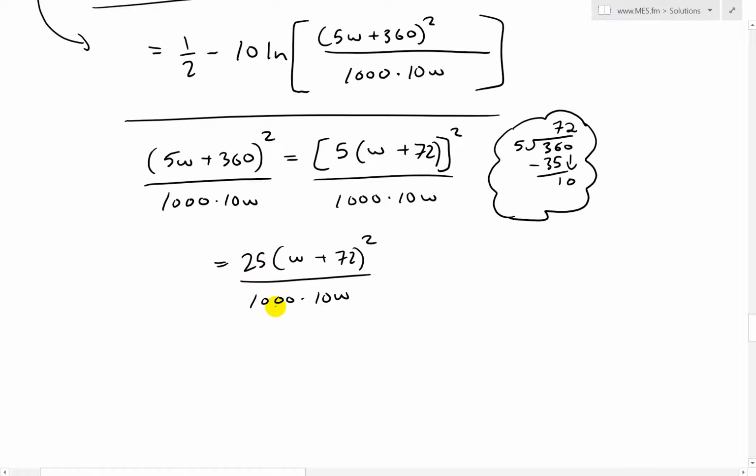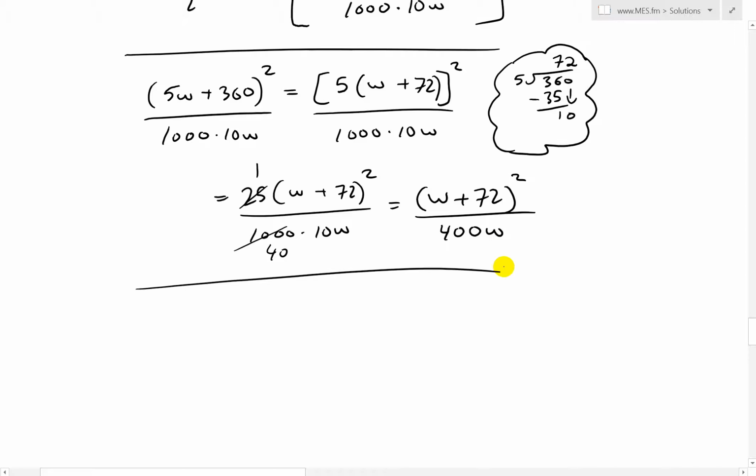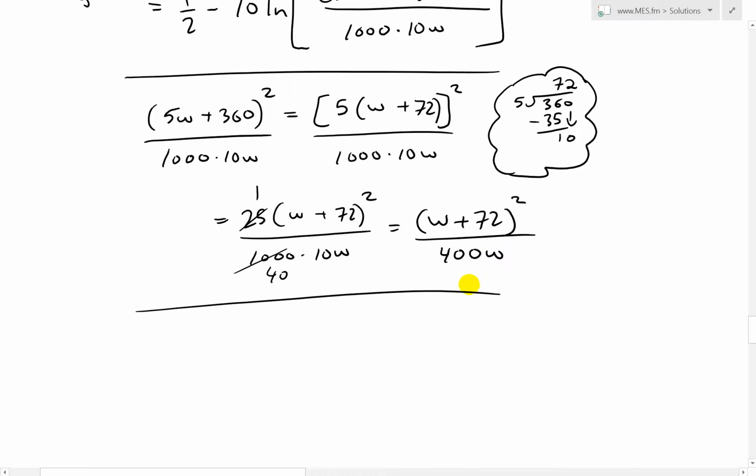And now this 25 goes into 1,000. I'll cancel that. This goes to 1. And it goes into 1,000 just 40 times, because remember, 4 times 25 is 100. This is 1,000, so add another 0. So we have 400 times 10. So this equals W plus 72 squared over 400W. So now that we've simplified that, we could plug that back into this formula.